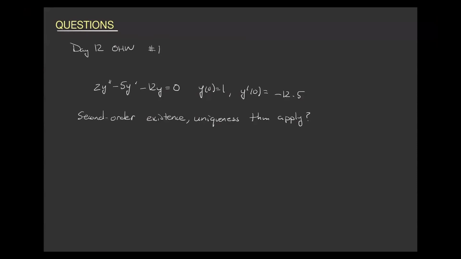And if we look at this, for that theorem to apply, we need there to be an interval around 0, since that's the point that's part of the initial value data, such that all of these functions are continuous around there. But since they're all constant functions, they're going to be continuous over every interval. In fact, the whole real line. So indeed, it will apply.